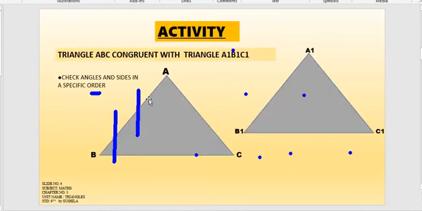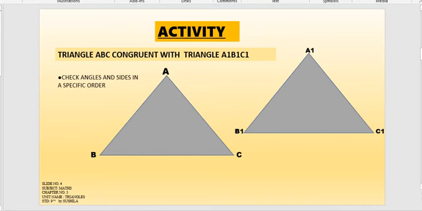Now look at the activity in your chapter Triangles. On page number 29, one activity is given. The book has not explained it point by point, so I'll explain it one by one, step by step. Just listen carefully.